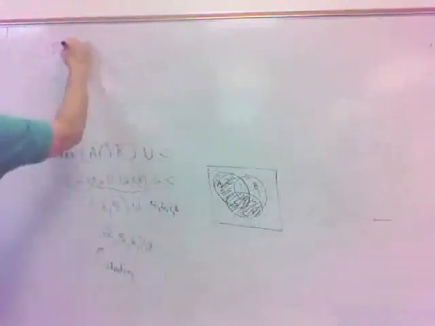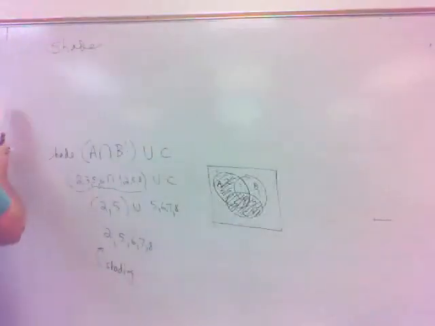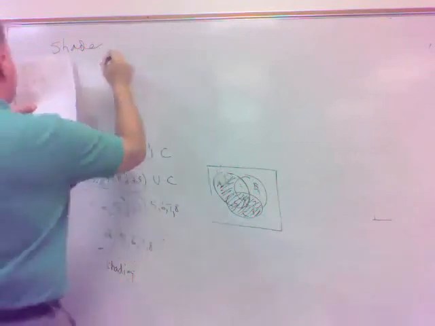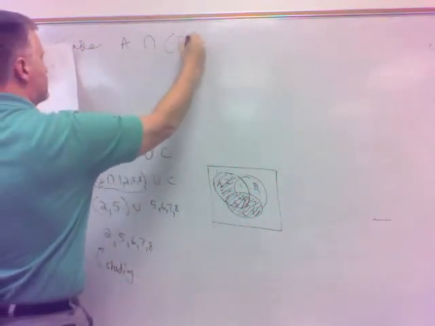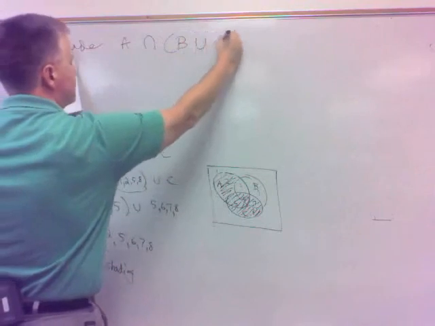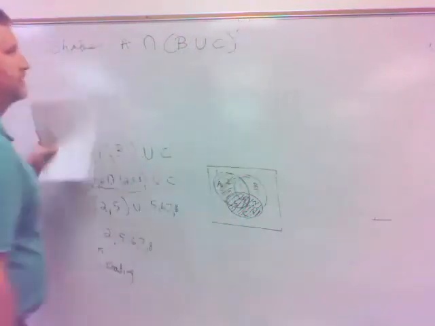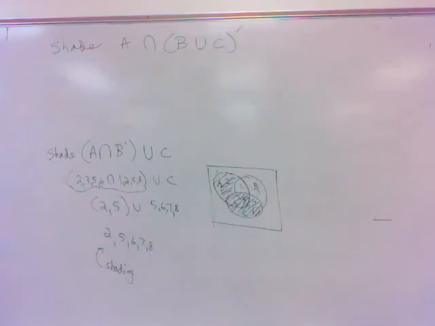All right, so let's shade A intersection B union C, parentheses, complement on the outside. B union C in parentheses, complement on the outside.